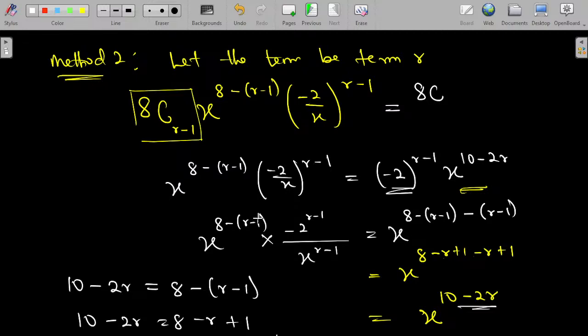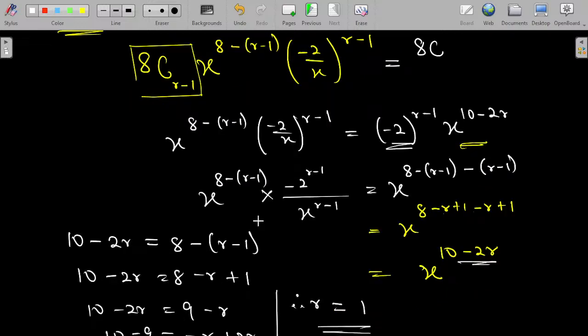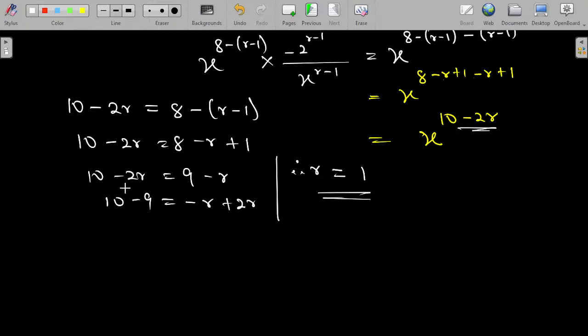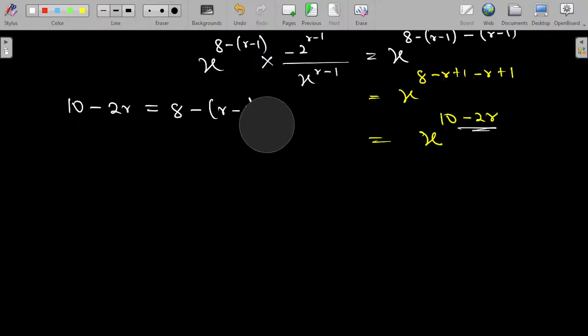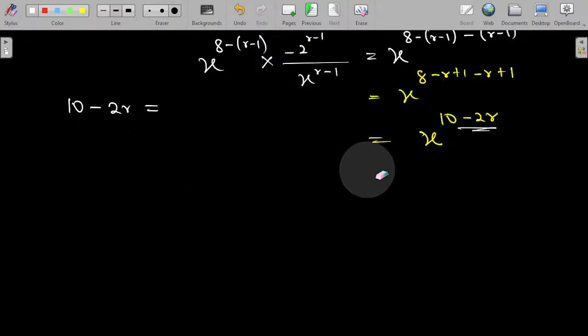So for the term to be independent of x, this should actually be equal to 0, not what you have on the other side. Sorry about this. This should be equal to 0. That's how the term will be independent of x. Please, sorry about that.